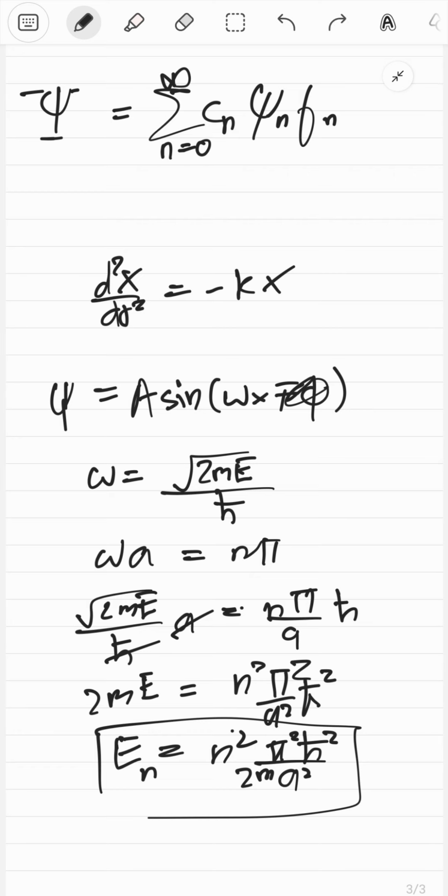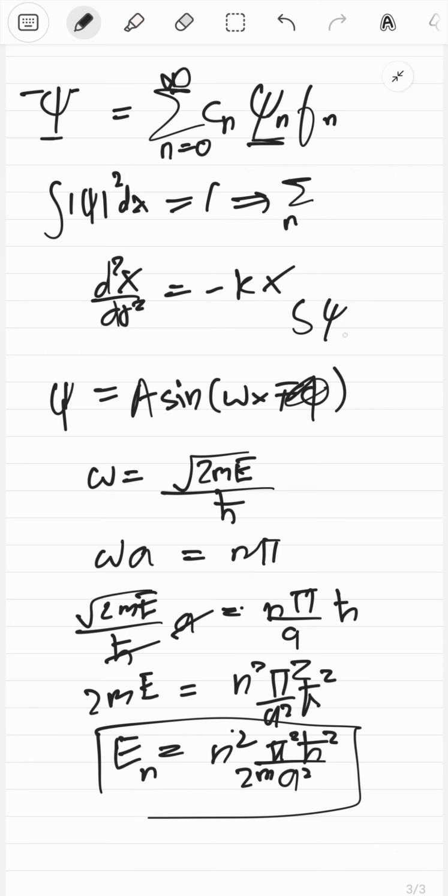One thing you know is that since it's a probability distribution, the integration of psi square should be equal to 1, but then that immediately implies the summation. These are also something we can just normalize, right? So without loss of generality, assume that these are also normalized, as in the integration of these is also 1.